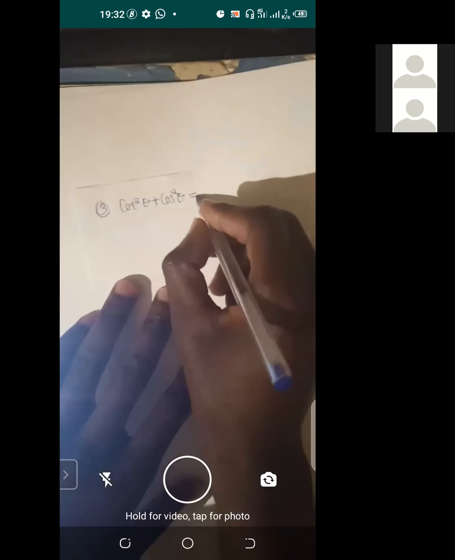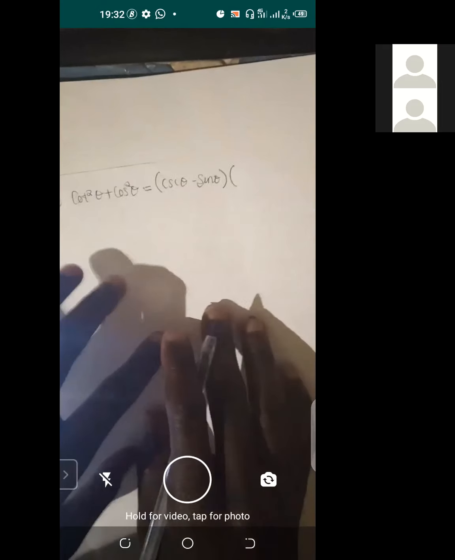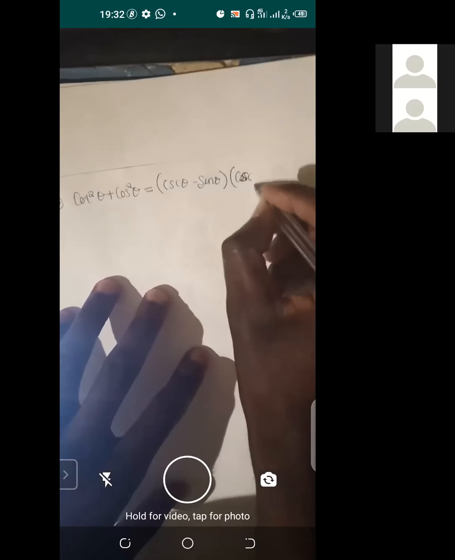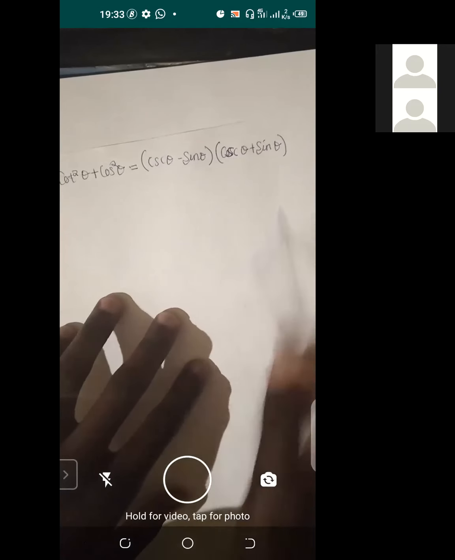Say this one is cot squared theta plus cos squared theta must give you cosec theta minus sine theta, multiplied by cosec theta plus sine theta. Right here. So let us consider the right side here.